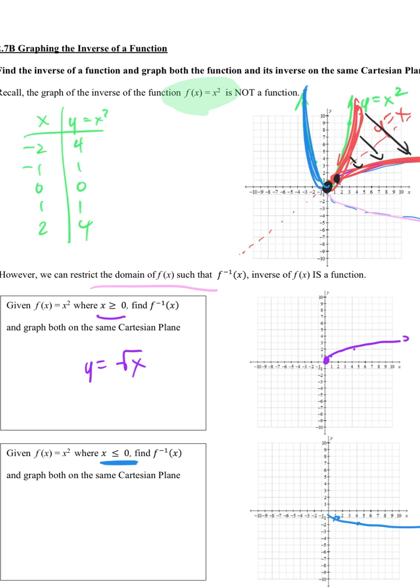And what would the equation of that lower part be? Y equals a negative square root of x. That is correct. So I can restrict the domain so that when I take the inverse, I still have a function. So I could play with the pieces, right? If I needed to get information, I could play with the pieces by restricting the domain. Again, each of these are the result of reflecting across y equals x, which is taking the inverse.